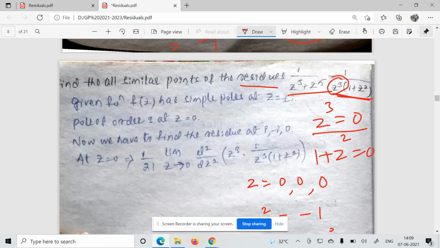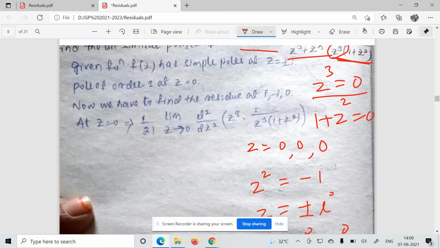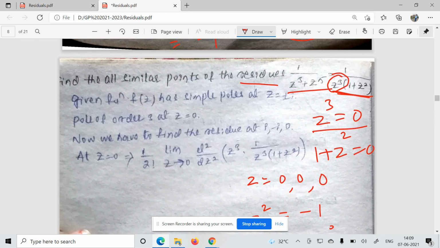Now finding the residues of the function f of z equal to 1 by z cube plus z power 5. At 0, this is order 3, since three zeros are there, so we need the double derivative, 1 by 2 factorial.